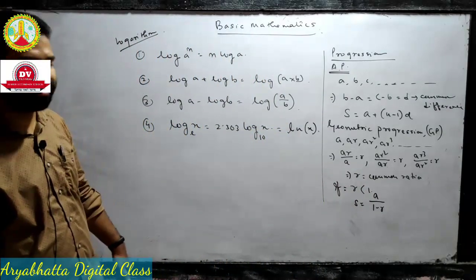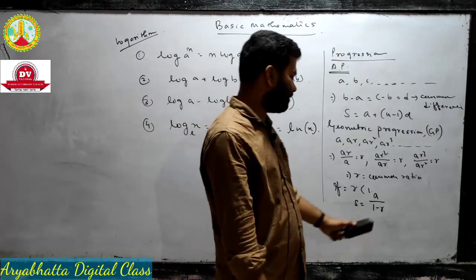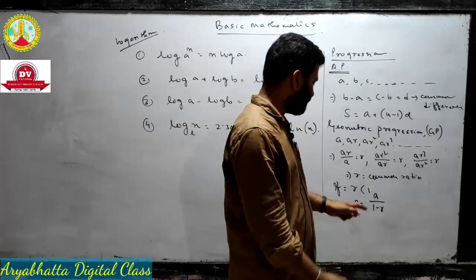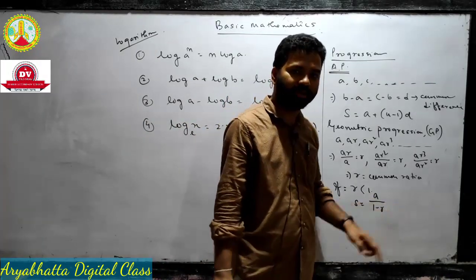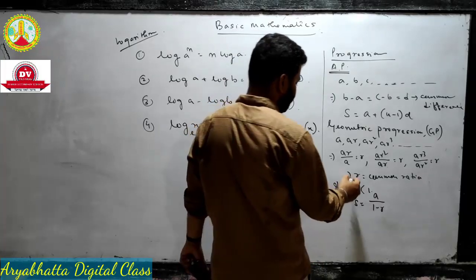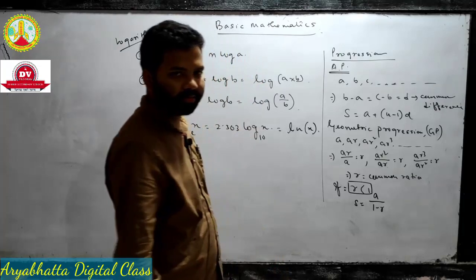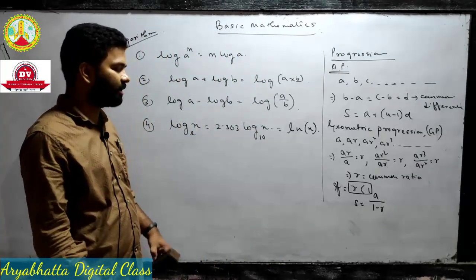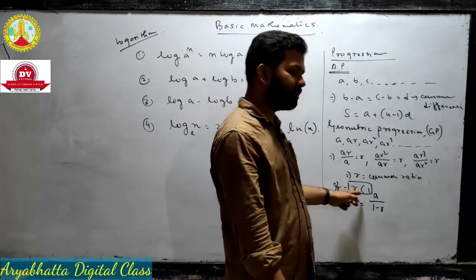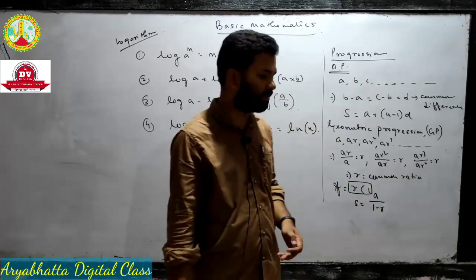But in mathematics they will provide r to the power n, but we will not go for r to the power n. Here sum will be a divided by 1 minus r. And remember, in physics the value of r will be always less than 1. Till now in all the numericals we have done, we never got the common ratio r more than 1, okay.